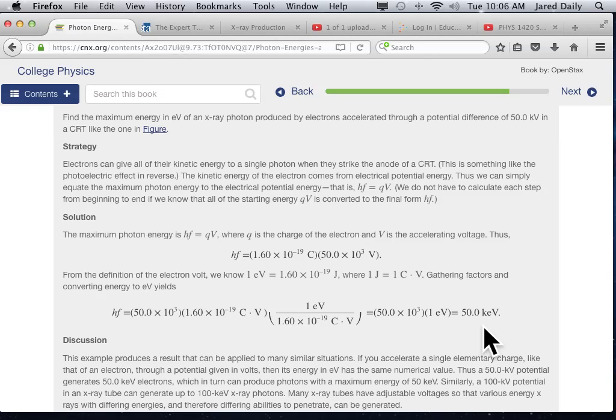This is what they use when you're doing radiation physics. They use electron volts for this reason, because the energy of the electrons creating the radiation is essentially equal to the energy that the photons are going to have coming out in kilo electron volts. Instead of doing a bunch of calculations, you just say, oh, 50 kilo electron volts. Makes it simple.